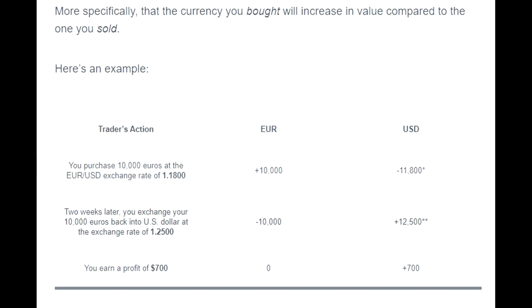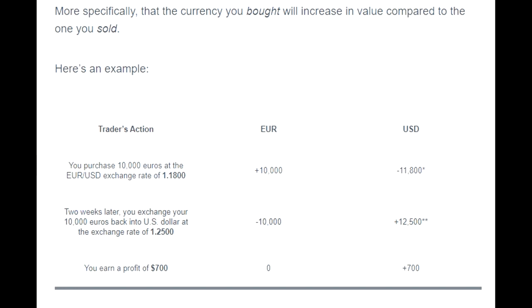Now you purchase 10,000 euros at the euro USD exchange rate of this. This simply means 1 euro is equivalent to 1.18 USD. So for 1 euro to be equivalent to 1.1800, then 10,000 euros will be equivalent to this amount.